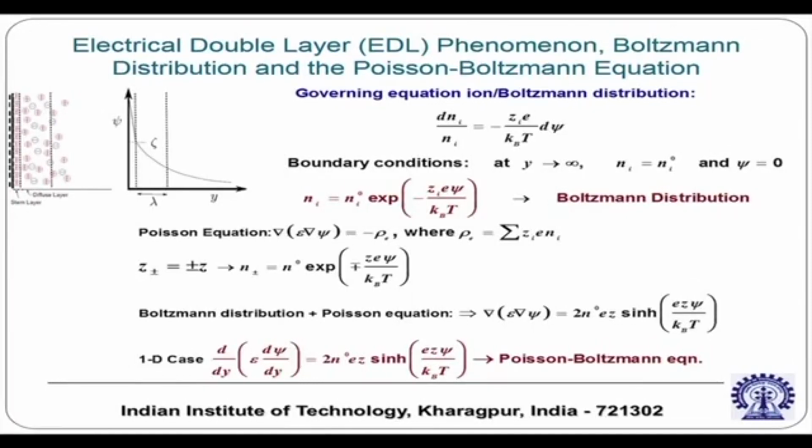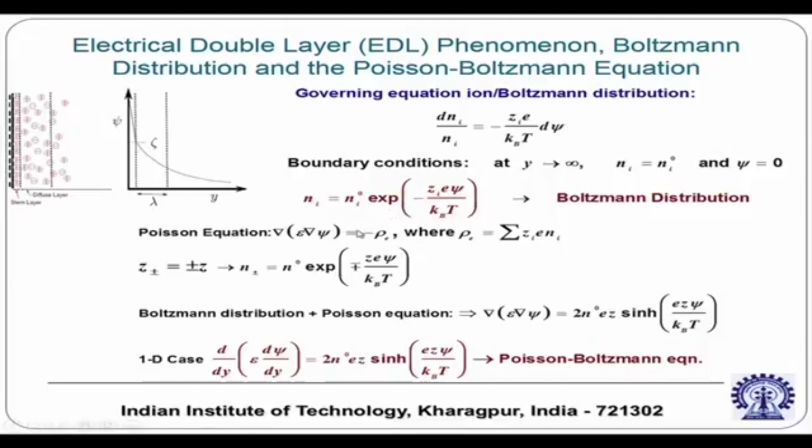So if you have the electrical double layer, we have shown that under certain assumptions, and we will discuss the sanctity of these assumptions and what the issues are when they are modified, you can write the Boltzmann distribution for the number density distribution within the electrical double layer, and the Poisson equation. One very important thing that you should keep in mind is that the Boltzmann equation has a lot of assumptions, as we had discussed.